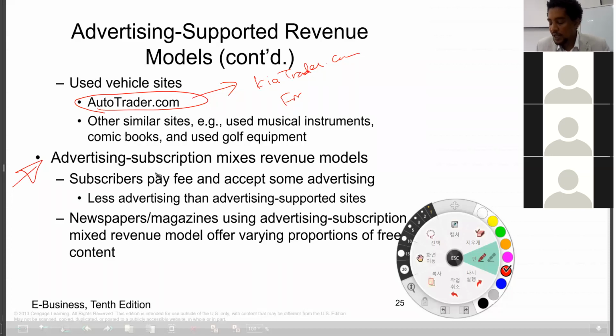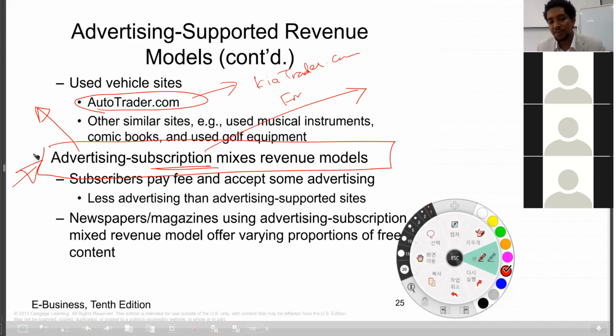This means you, as a customer, have to subscribe to their website at the same time. So they get money from the subscribers, and they also get money from the advertisers. So this mixed revenue model is called the advertising subscription revenue model.